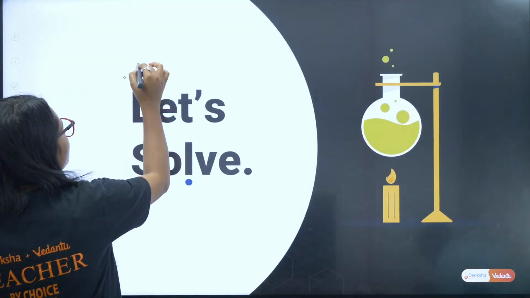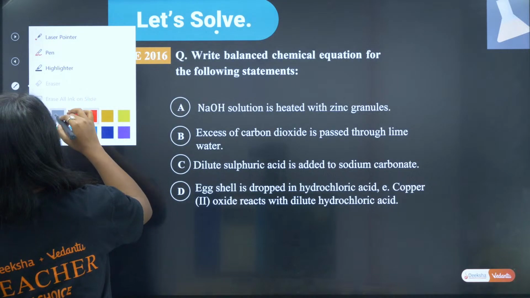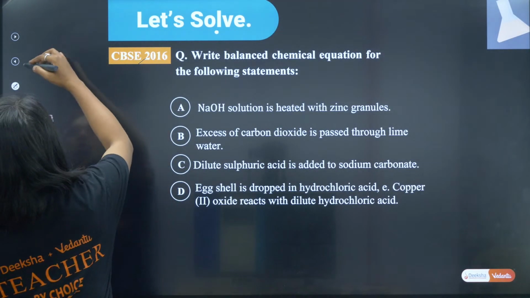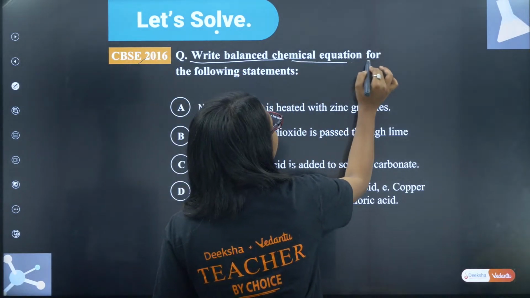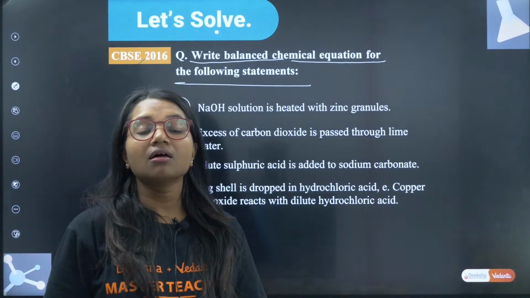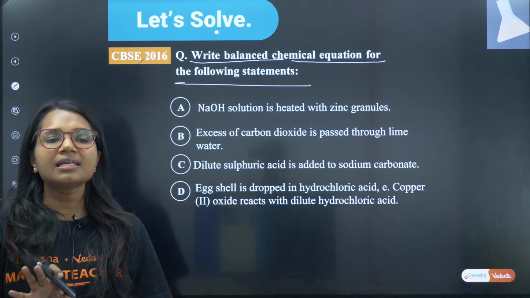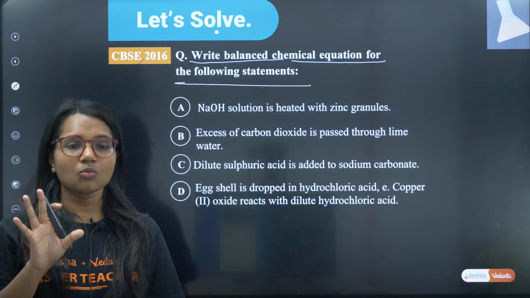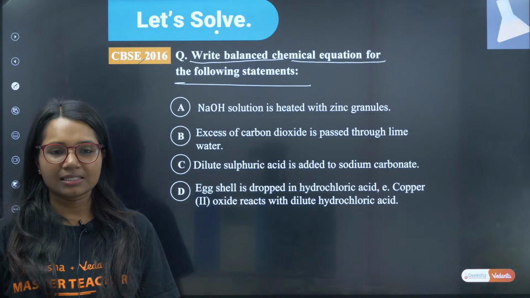This question came in CBSE 2016. Write down the balanced chemical equations for the following statement. I told you that until they mention the word balanced, you don't have to bother about the balancing.